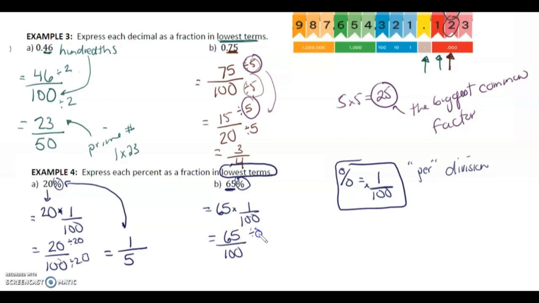So 65 divided by 5, and 100 can divide by 5 as well. So we get 13 over 20. And again, 13 is a prime number. So the only numbers that multiply to 13 are 1 times 13, and 20 cannot divide by 13, so we're done.